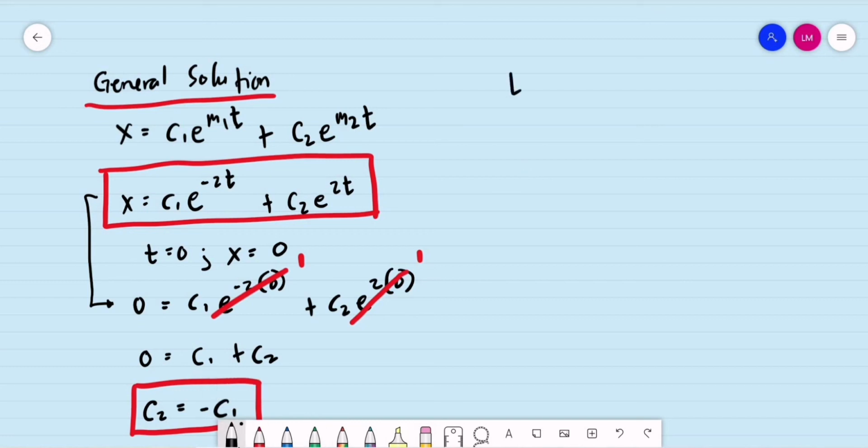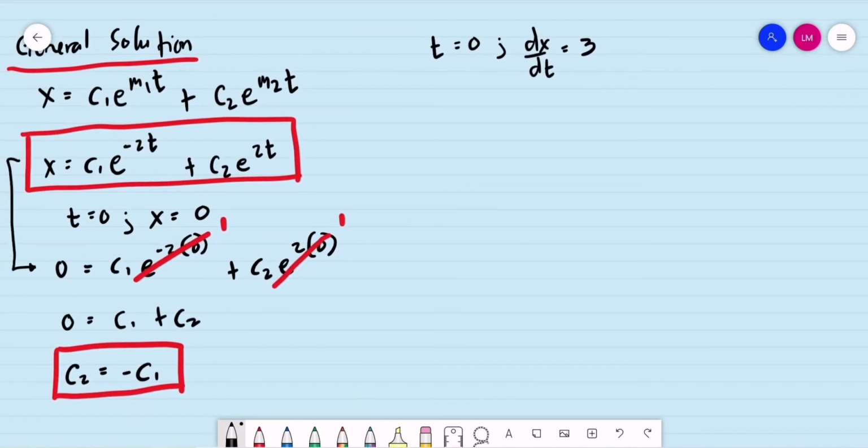So we have, the value of t is equal to 0. The value of the dx over dt is equal to 3. So therefore, from the equation of the general solution, we need to take the first derivative to have the term dx over dt. So this is dx is equal to c1.